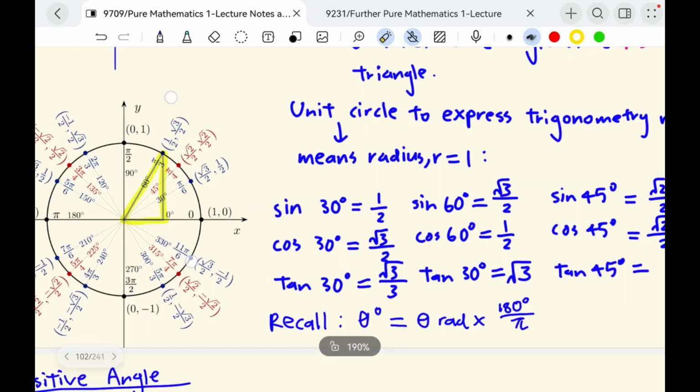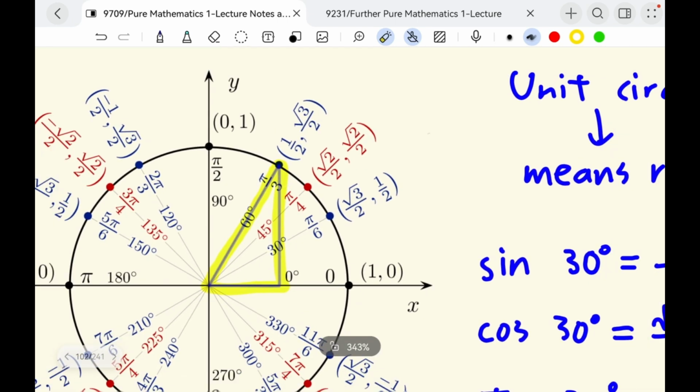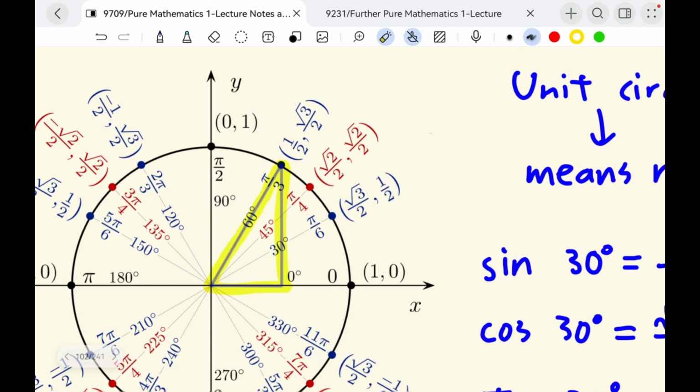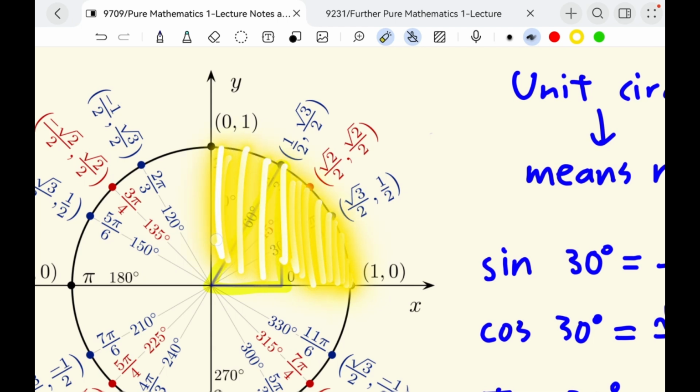So let's explain it. To explain sine, you can see that it varies from here, following the arc of the circle quarterly to this point. The sine is increasing, which means its vertical distance is getting larger and larger.